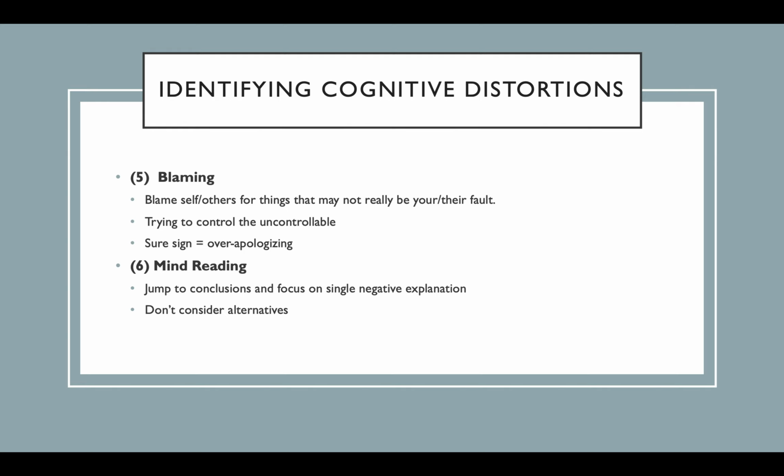Mind reading is jumping to conclusions based on a single thing and not considering alternative explanations. So you come to class one day, good old days when we went to class, and I'm in a mood, and you come talk to me after class, and because I'm in a mood, I act different, and then you interpret that as, oh, he must think I'm not a good student, blah blah blah.